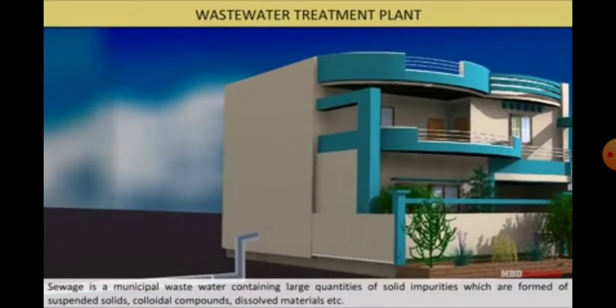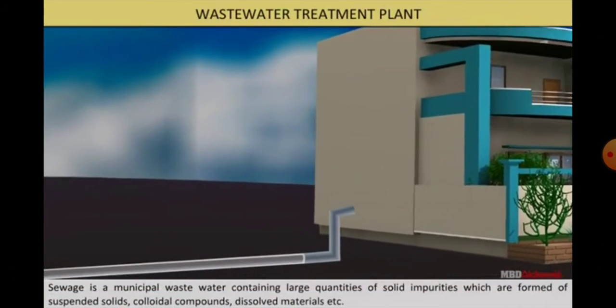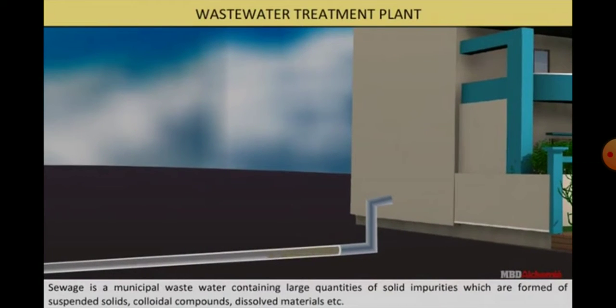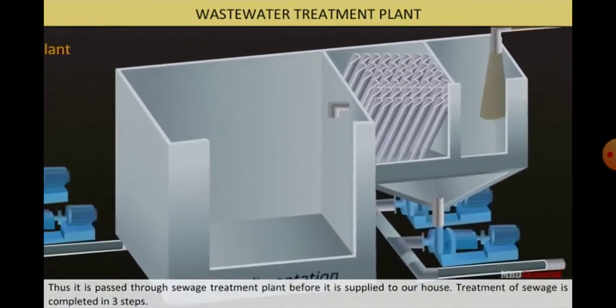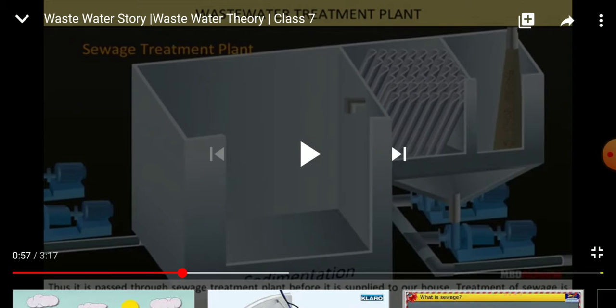Sewage is municipal wastewater containing large quantities of solid impurities, which are formed of suspended solids, colloidal compounds and dissolved materials, etc. So now you can see here, the wastewater passes through a sewage treatment plant before it is supplied to our house.